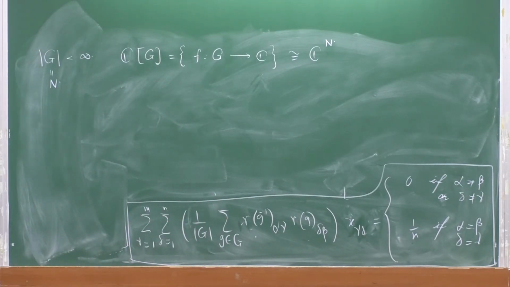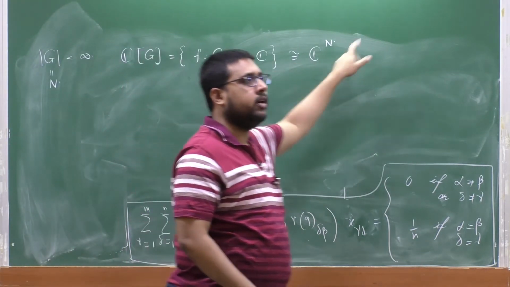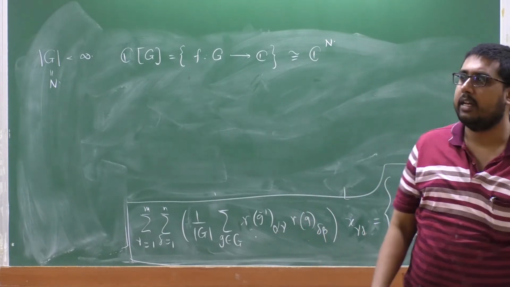Okay, this is after all a finite set. Then since this vector space is isomorphic to C to the power n, on C to the power n we do have a very natural inner product.